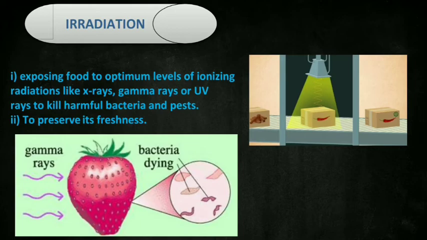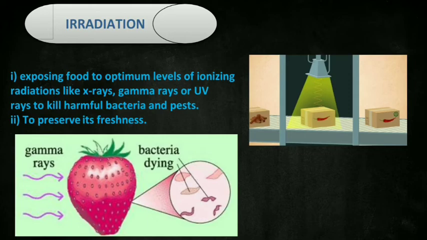Certain foods such as milk and eggs cannot be preserved by this method as it causes textural changes in them. But in general, irradiation causes minimal changes to the chemical composition of the food. However, a certain amount of reduction is observed in B complex vitamins.